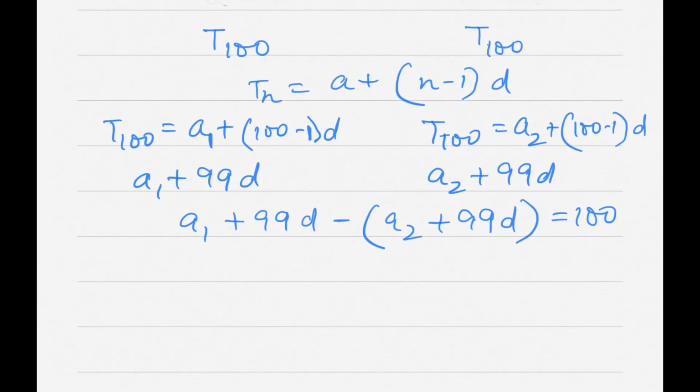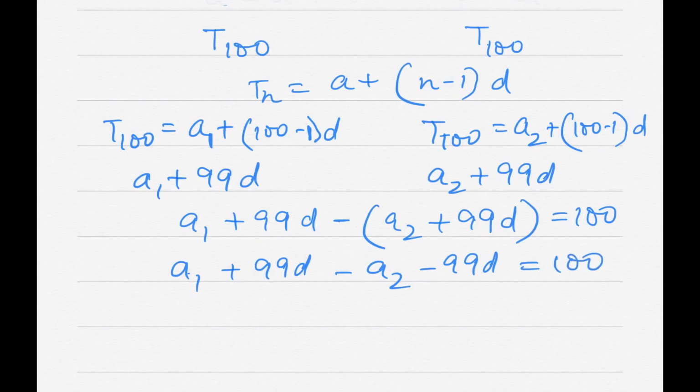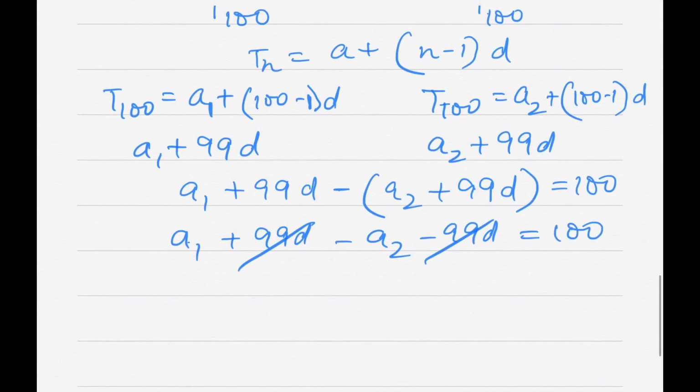Okay, now this one would be A1 plus 99D minus A2 minus 99D, and as my D is same, I can cancel this, right? So I get A1 minus A2 is equal to 100. Okay, now I think we can just leave it like that, and we can take this as my first equation, so then I'll be able to substitute the other one, right?